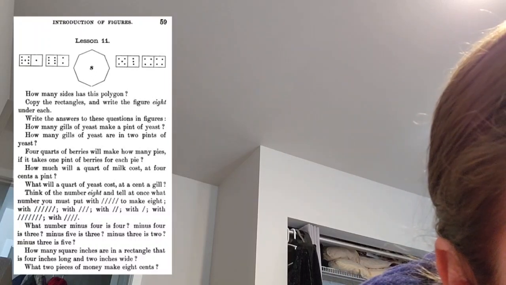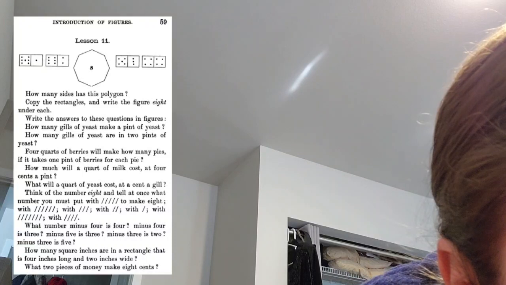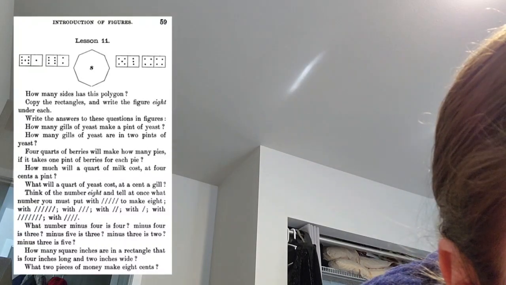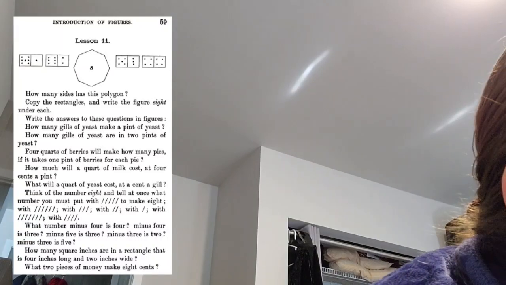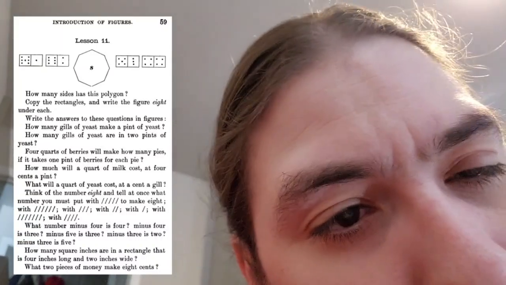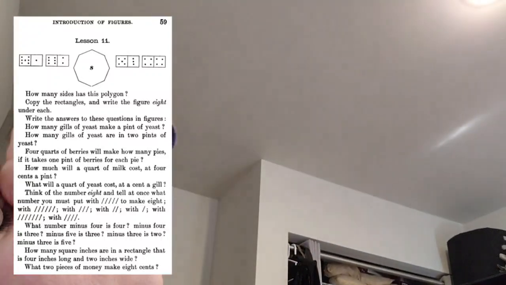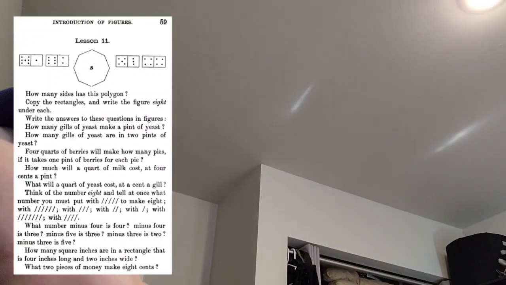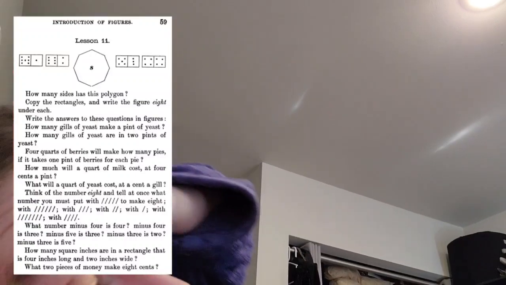No, 2 pints are in 1 quart, and so that's 1 quart. I gotta think on this. Oh, 2 quarts are in, no. 2 pints equal 1 quart. And we have 4 quarts.